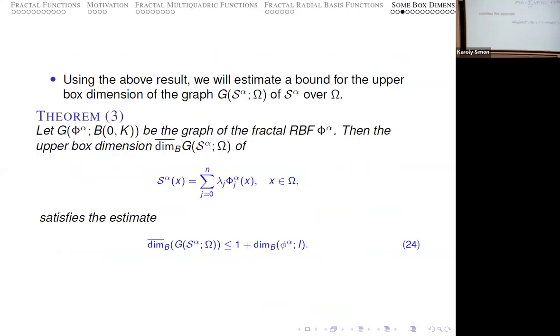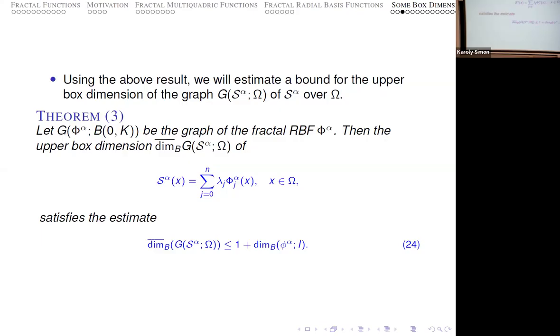So using this above result, we'll estimate the upper bound of box dimension of graph of S alpha over this. This is your sigma. So for this dimension part, we are taking S alpha x equal to summation of j equal to 0 to n lambda j phi j alpha x. So here you have to compute the upper box dimension is less than or equal to 1 plus dimension of this small phi alpha.